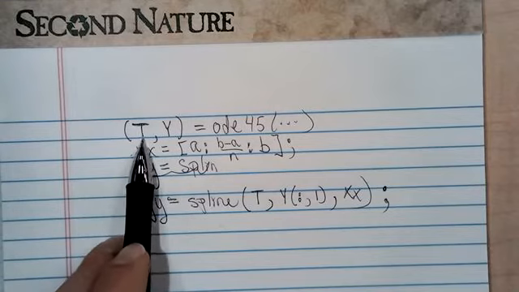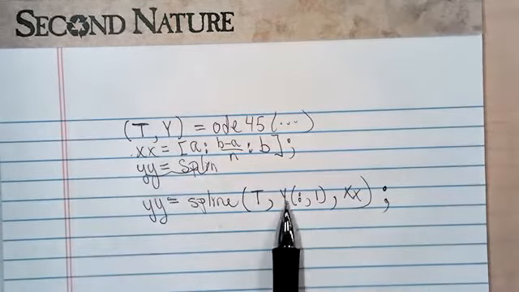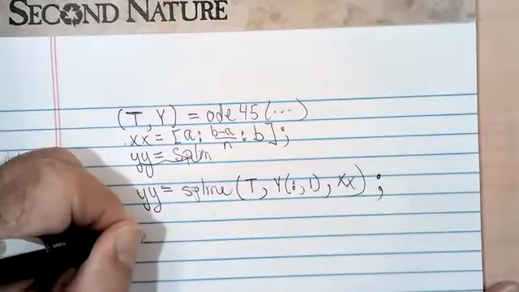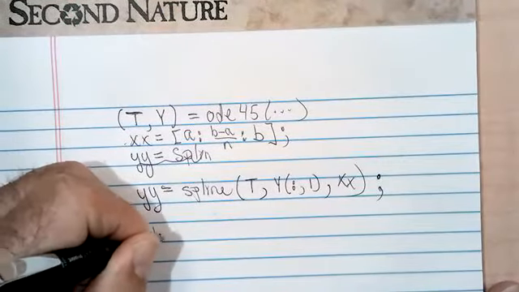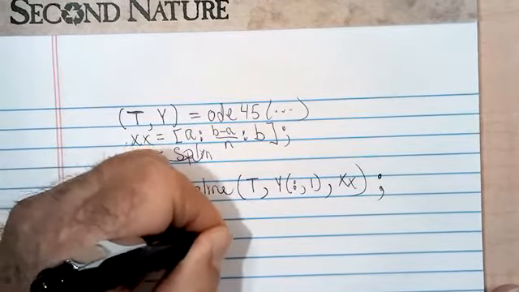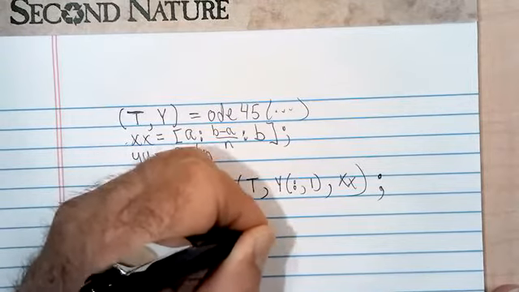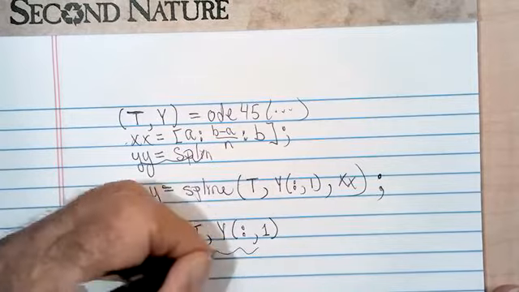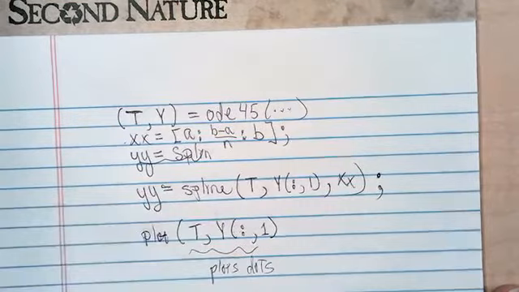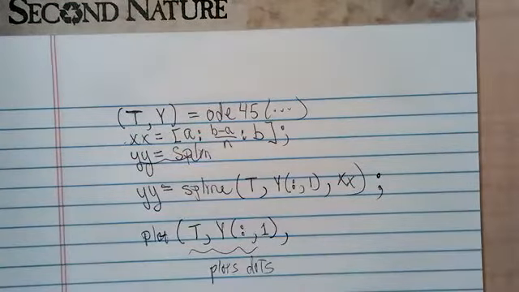You've got your dots in T and Y(:,1). So if you do a plot of T, Y(:,1), this much plots dots. And then you can give it more instructions all in the same command.